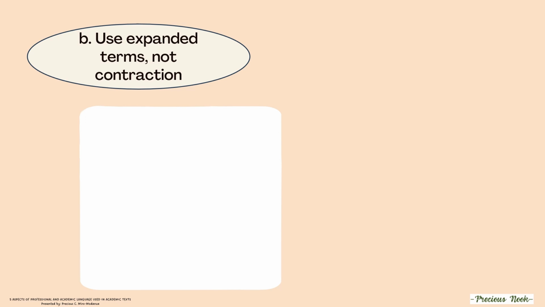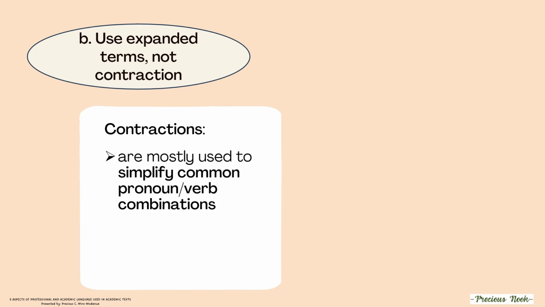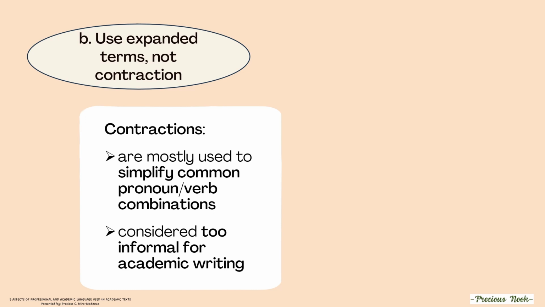Use expanded terms, not contractions. Contractions are mostly used to simplify common pronoun or verb combinations. We use an apostrophe to do this. An apostrophe means a letter, or sometimes letters, are being omitted. Although contractions are used in daily conversations, they are generally considered too informal for academic writing.